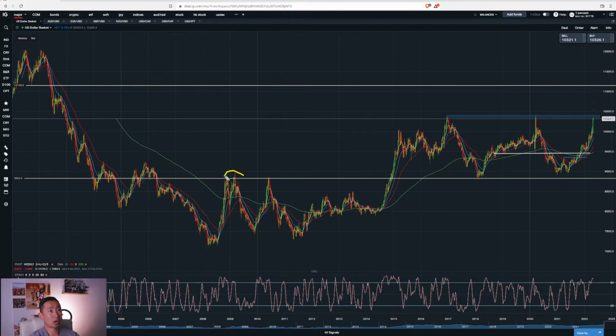But when you see it try to break 1, 2, 3, and then eventually fall, boom, it broke out. We have 1, 2, 3. Are we going to fall and break? We shall see, but it's looking quite interesting.